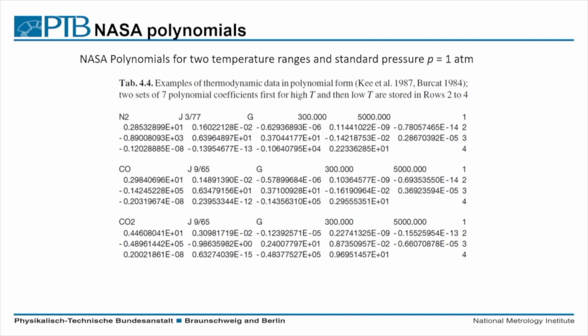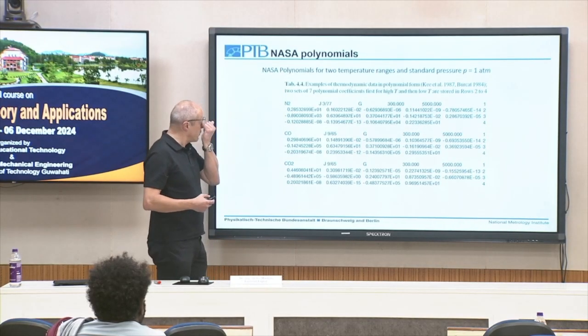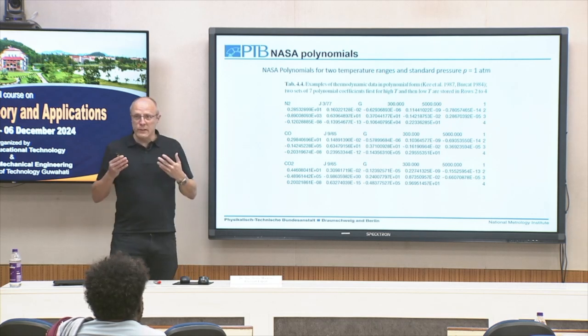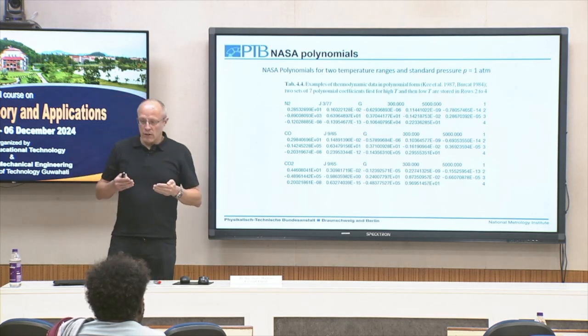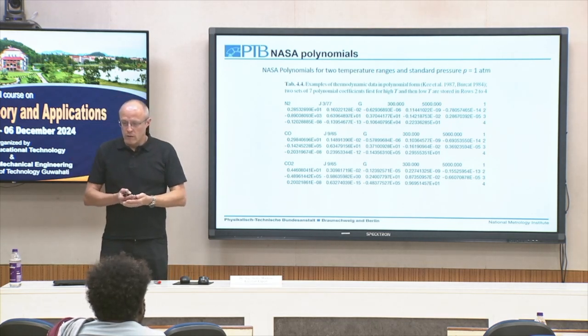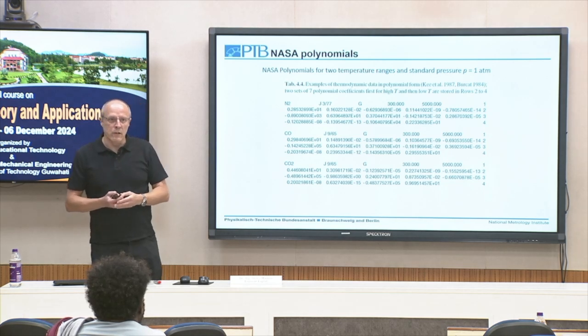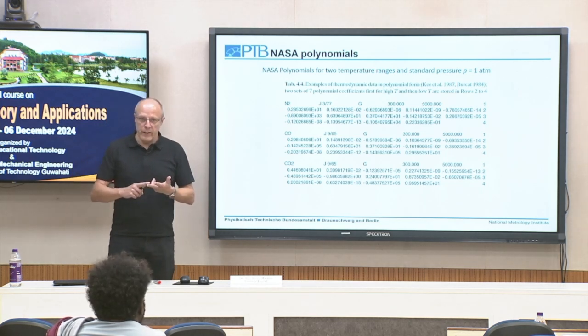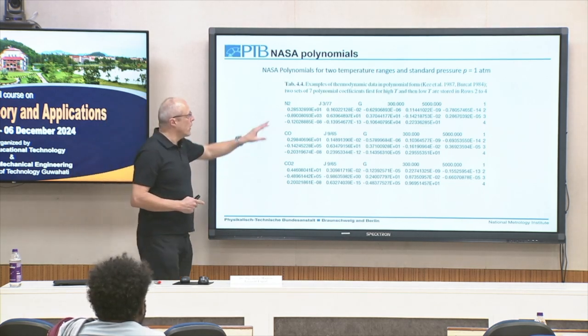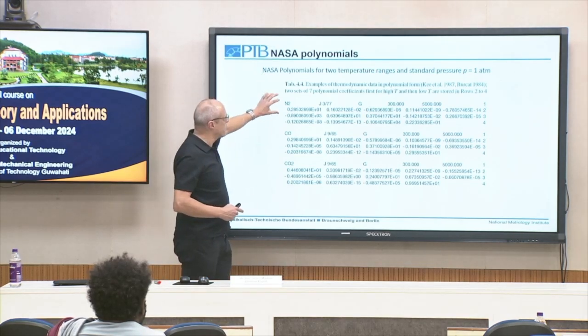So these JANAF tables I've mentioned give us data for these so-called NASA polynomials we have seen before. I said we need 7 values to calculate Cp, H, and S. And these you can find in these JANAF tables.